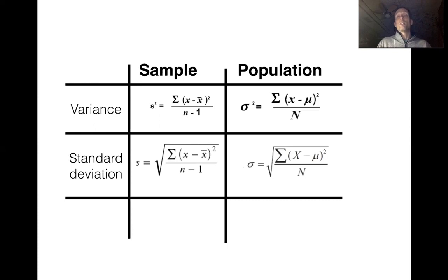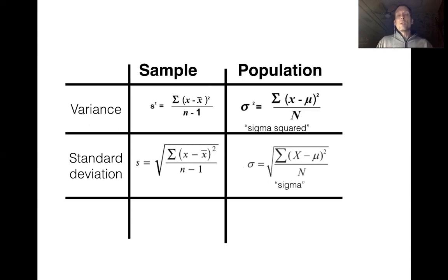We just have plain old capital N for the total number of observations in the population. And we have shorthand for the population variance. We're going to refer to that as sigma squared. The symbol is like a whistle with a square on it. When we talk about population standard deviation, there's also an abbreviation. Instead of sigma squared, we call it sigma, and that kind of makes sense because after all, we just took the square root of sigma squared, so we probably want to call it sigma.